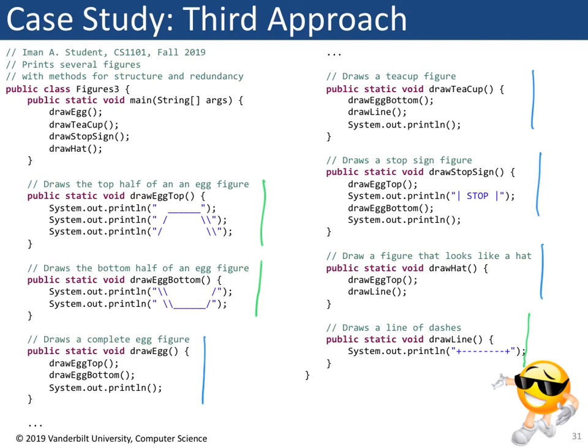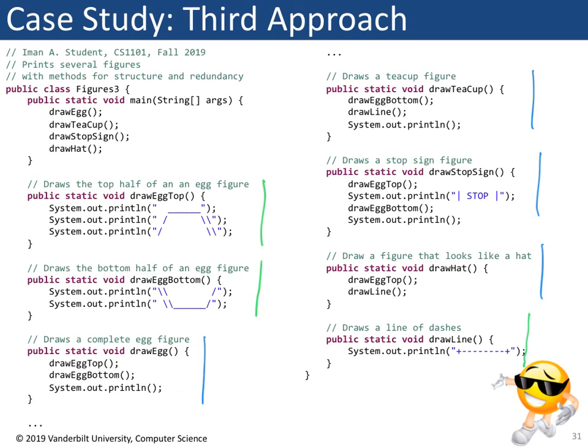So we have these shape methods which are making use of the shape primitive methods to effectively draw these shapes. Then in our main, we are using our main almost as a high-level traffic directing method. So it makes high-level requests: draw egg, draw teacup, draw stop sign, draw hat. Notice how readable this is. So if you were to look at this program and you know that whenever a Java program begins to execute, it executes first in the main.